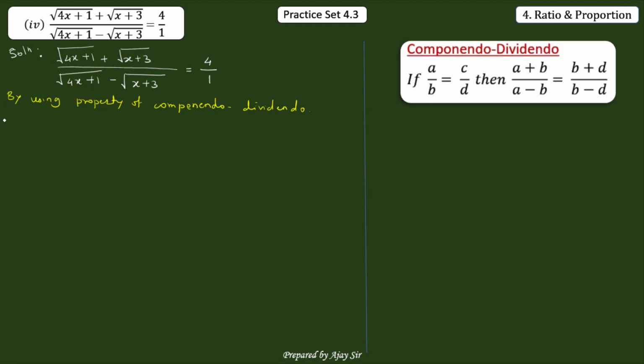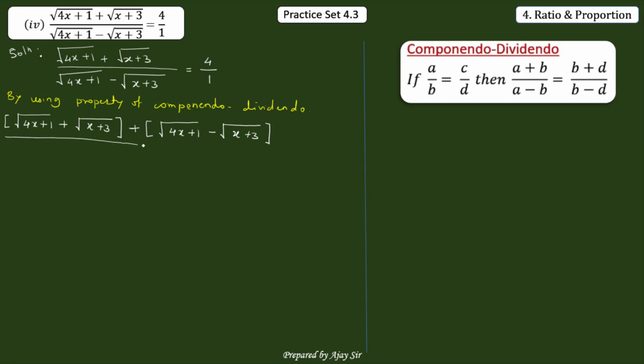The numerator we will write in square bracket. You can use any bracket, square or curve. For understanding purposes we are using square bracket here. So this is the square bracket of 4x plus 1 plus square root of x plus 3, that is a, plus the second one, 4x plus 1 minus square root of x plus 3, that is b. So this is a plus b, divided by a minus b.